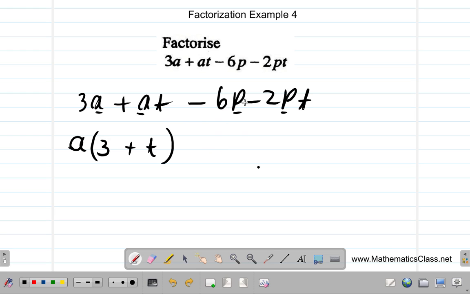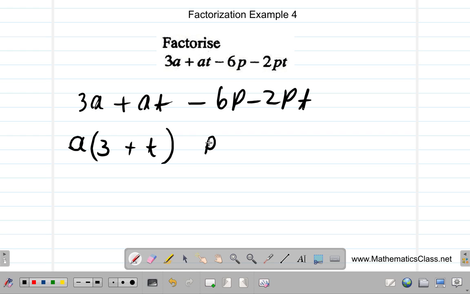Now, this part is kind of tricky because we have the minus sign. In fact, let me remove these little marks that I made earlier. Now, here, we're going to have p as a common factor.